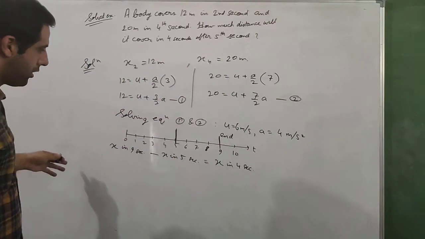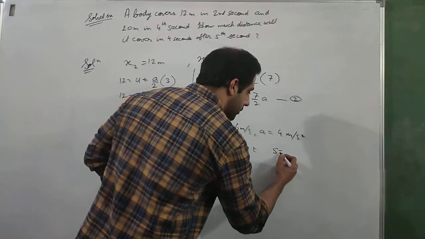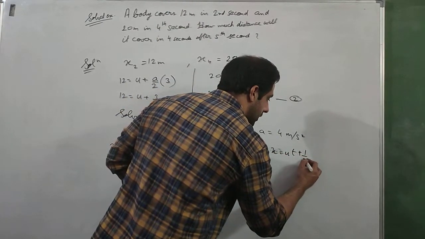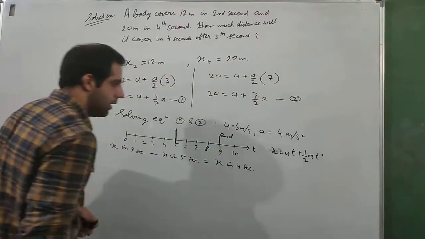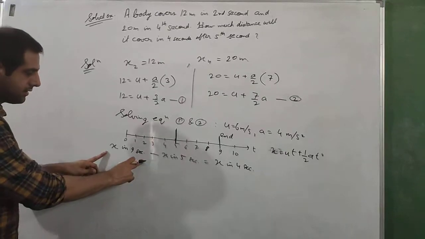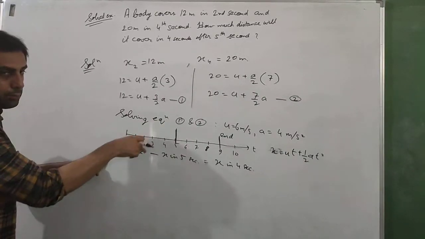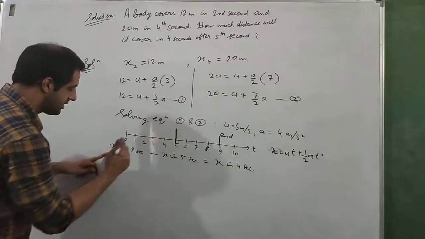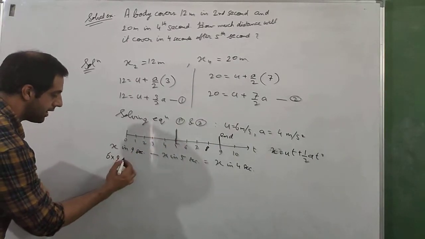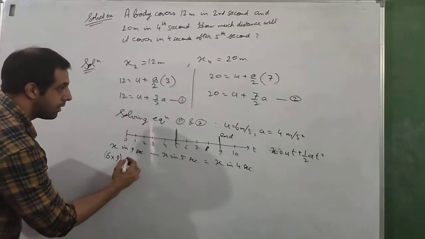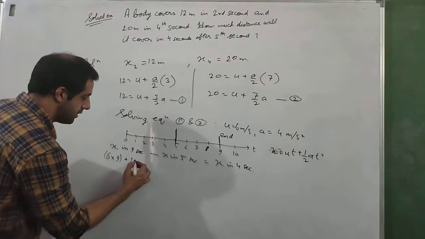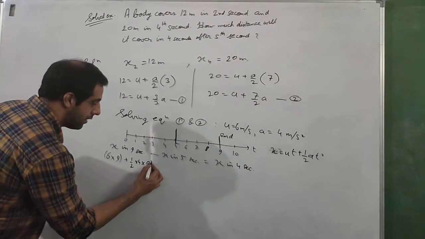We are going to use the second equation of motion, x = ut + (1/2)at². Distance traveled in 9 seconds: I am directly putting the values. u is 6, t is 9, so 6 into 9 plus half, acceleration is 4, and 9 square.